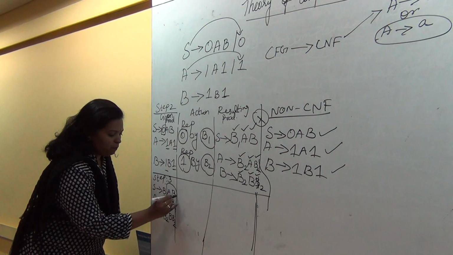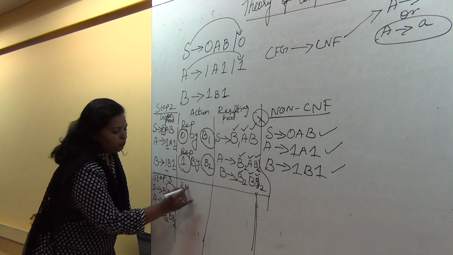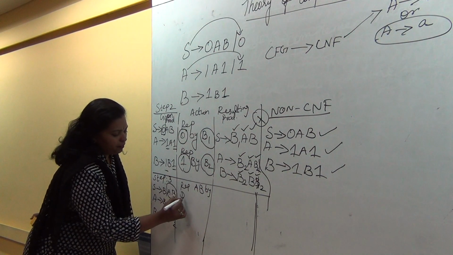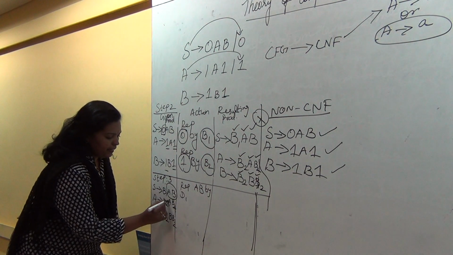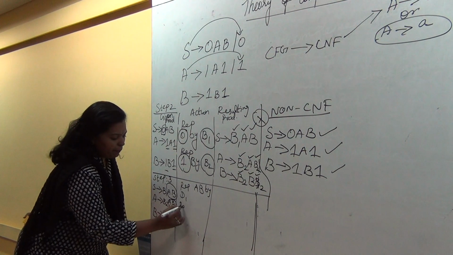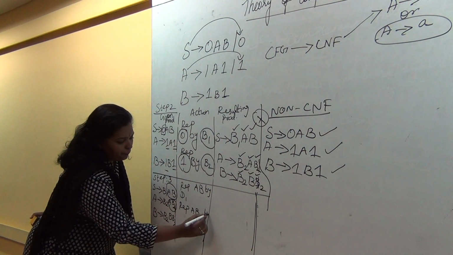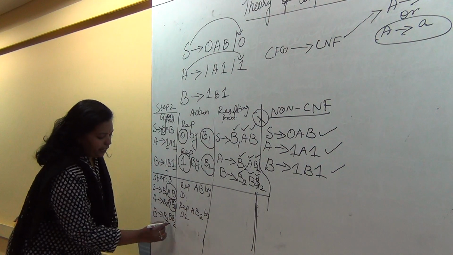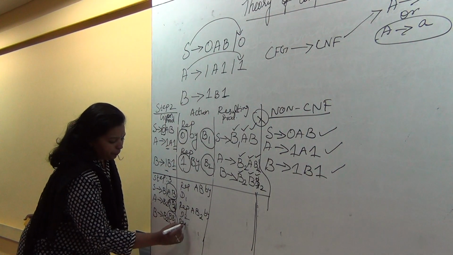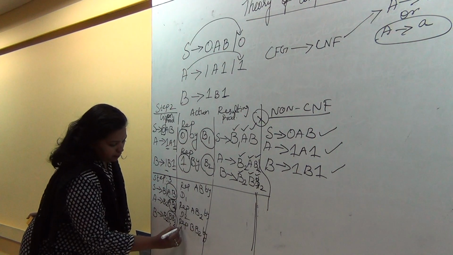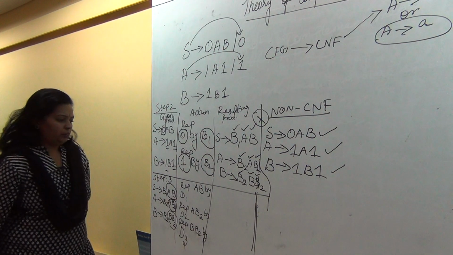Either you can have AB as a combination or B1A as a combination to do the replacement. Let's take AB here, replace AB by D1. Similarly, we'll take AB2, replace AB2 by D2. Again replace BB2 by D3. Right?